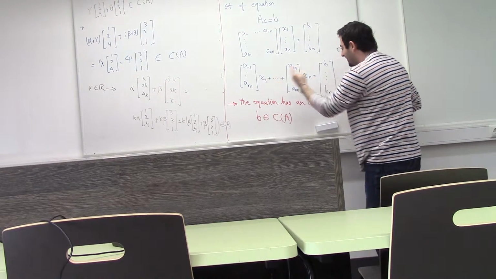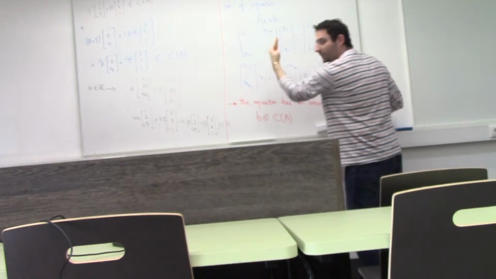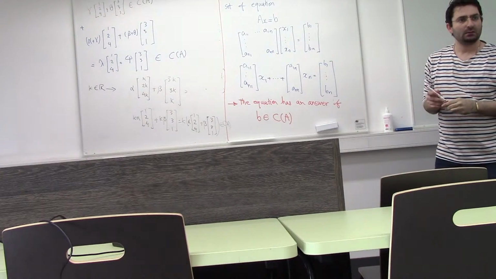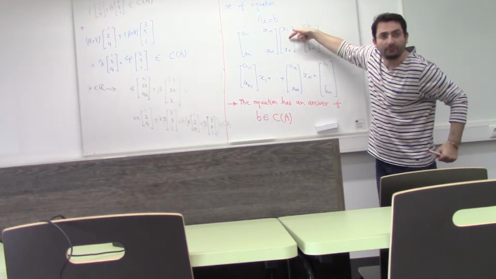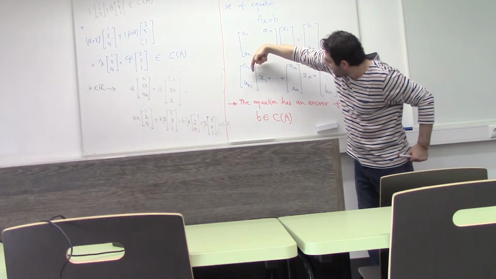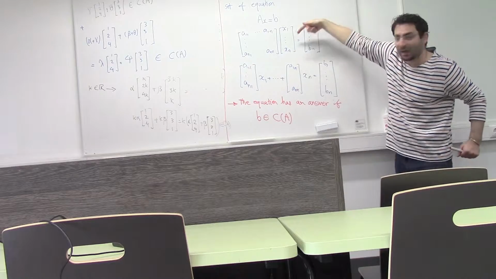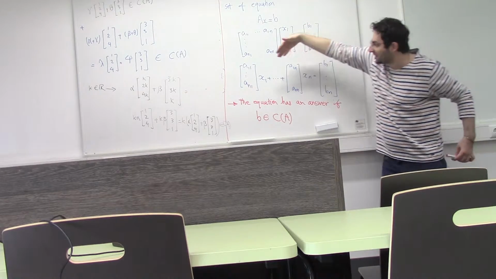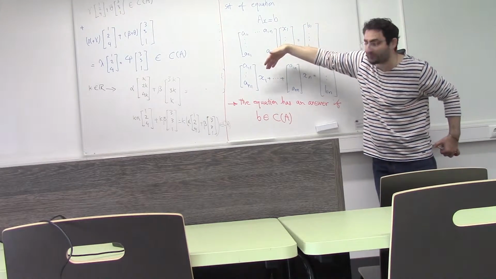And if we have it, it means b is a linear combination of all these columns, right? Isn't it true? If x has a number, then it means that we are just adding this column with this column, with this column, with the last column, which means that they have been linearly added. So b is a linear combination of them.